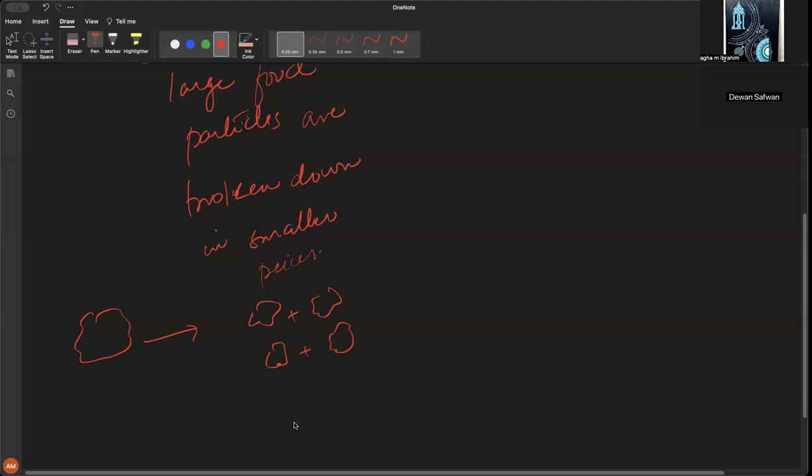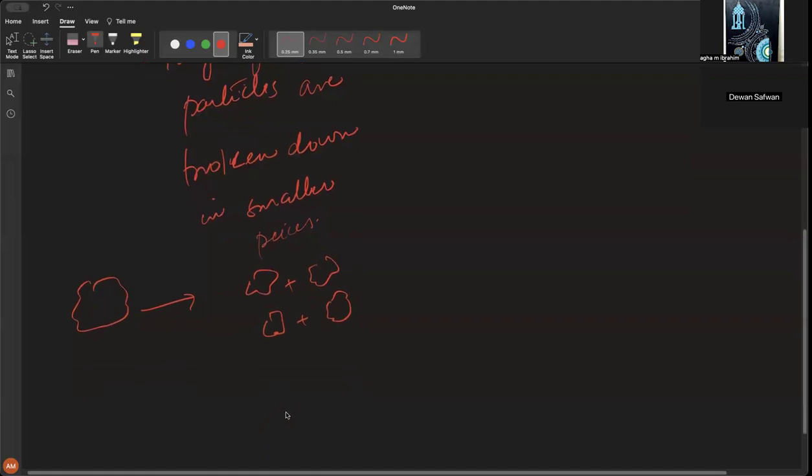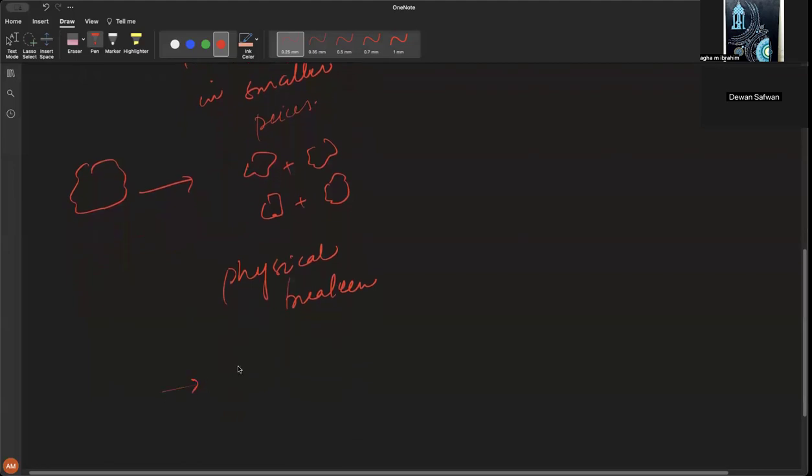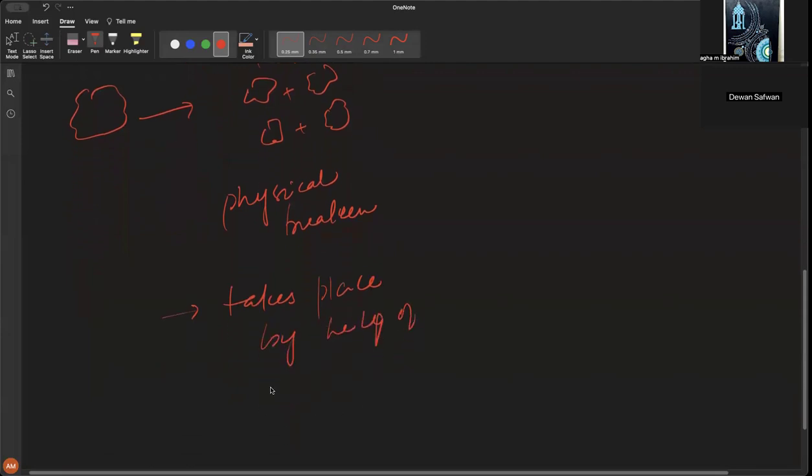Okay, this is the physical breakdown. It takes place by help of teeth.